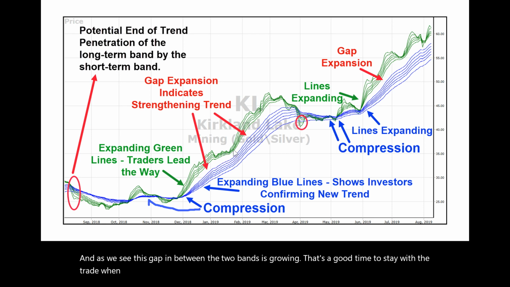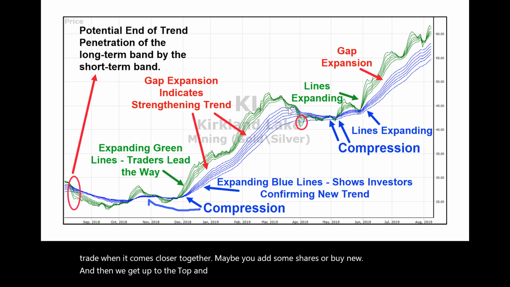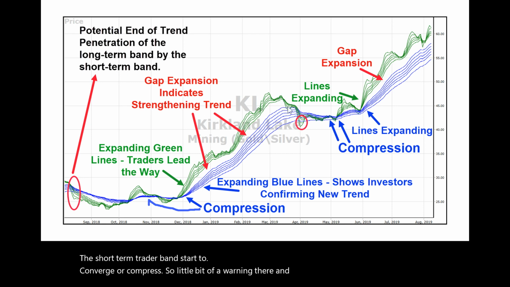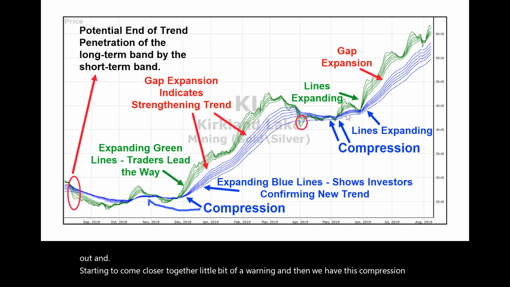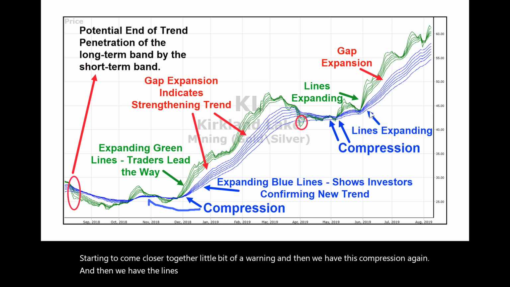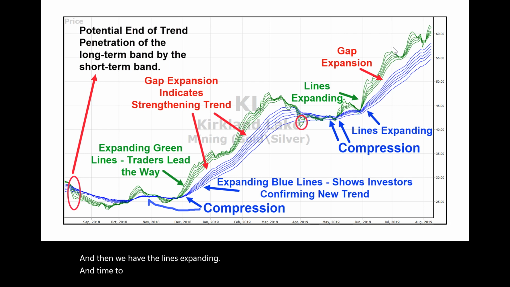When it comes closer together, maybe you add some shares or buy new, and then we get up to the top, and then the short-term trader bands start to converge or compress, so a little bit of a warning there, and the long-term bands are flattening out and starting to come closer together. A little bit of a warning, and then we have this compression again, and then we have the lines expanding and time to go at it again.